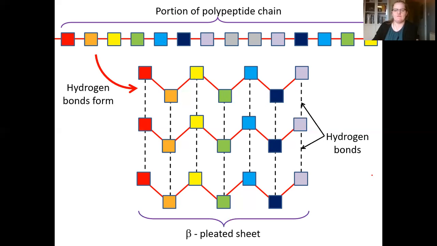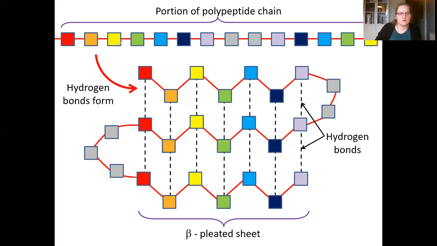Hydrogen bonds forming, and that makes a beta pleated sheet. What actually happens is we have these little end parts where it loops together. So now this will make a lot more sense. Let's number them. So we've got 1, 2, 3, 11, 12, 13, 14.